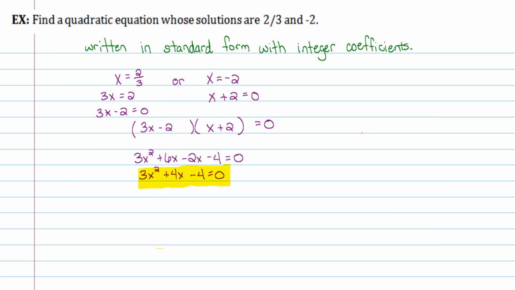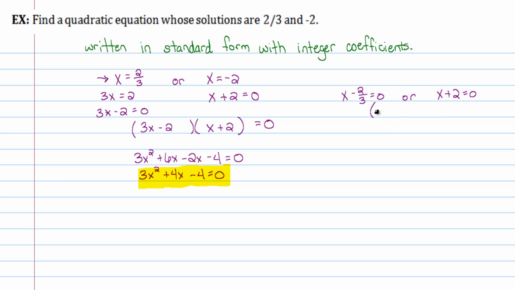So I want to point out one thing here. In this process, there was a step where I did a little bit of hand waving. At this step where I said x is equal to 2/3, because they told me that's the solution, or x is equal to negative 2, I said multiply both sides by 3 to get rid of the fraction. If you didn't, you would get x minus 2/3 is equal to 0, or x plus 2 is equal to 0, which is fine.